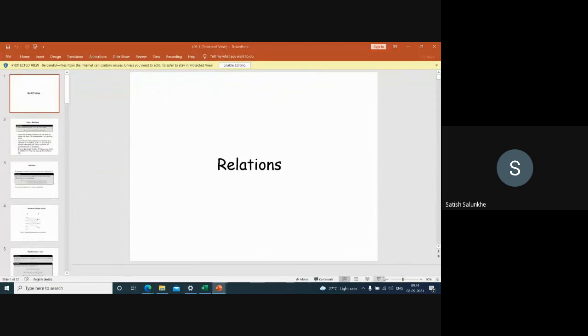I'll start. So what is relation? Relation is basically an operation on sets, at least two sets. Basically, relation is a binary operator. R is a binary operator. For example, let us say what is the relationship between me and you. Let us say there are two sets.